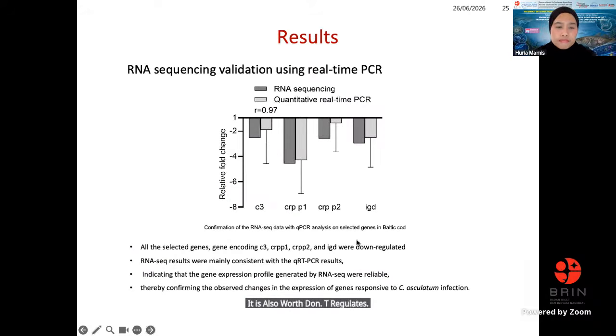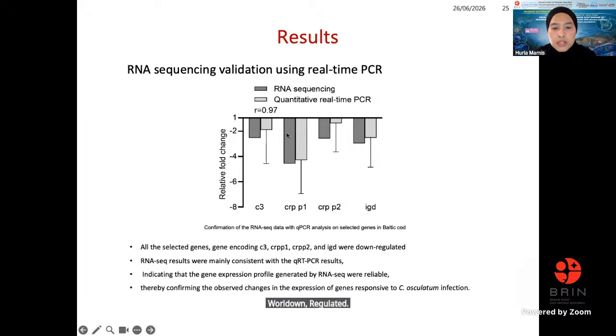And then for RNA sequencing validation using real-time PCR, we can see here all the selected genes encoding C3, CRPP1, CRPP2, and IgD were downregulated.